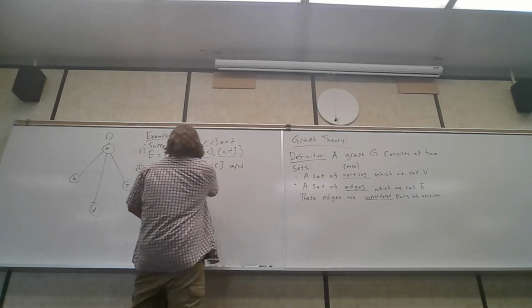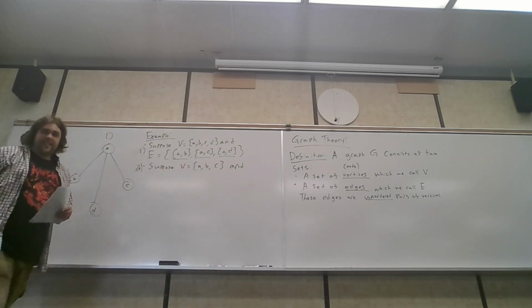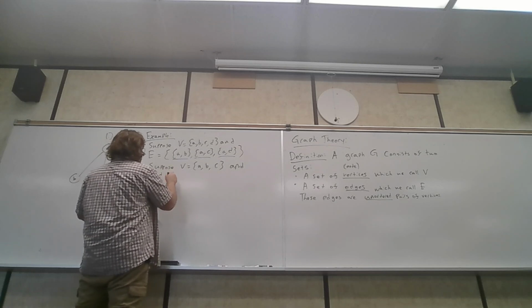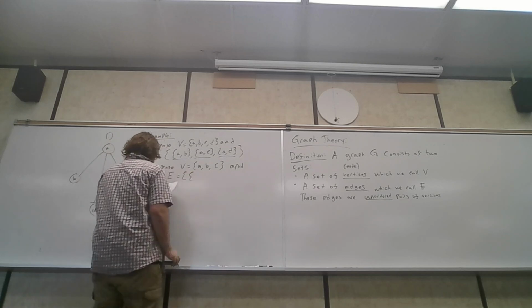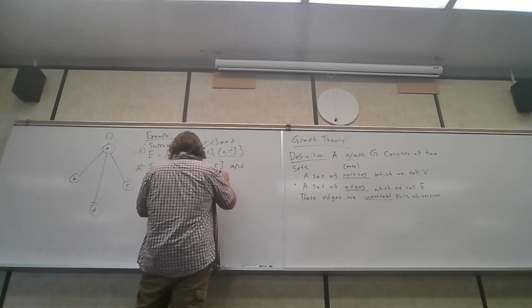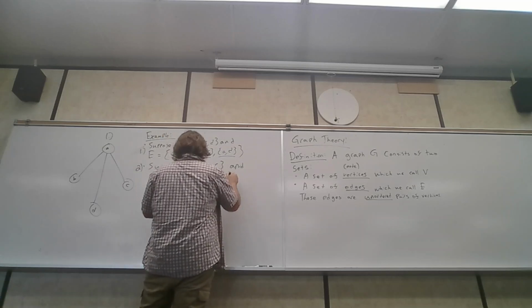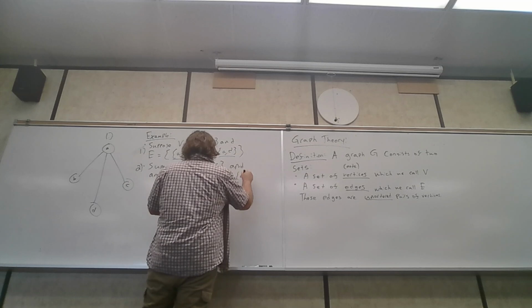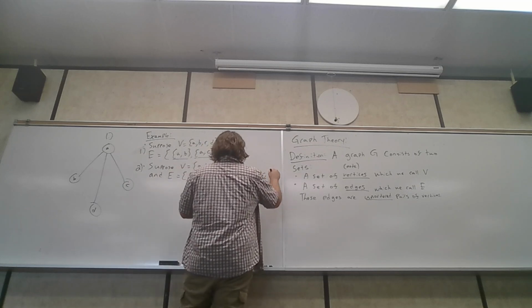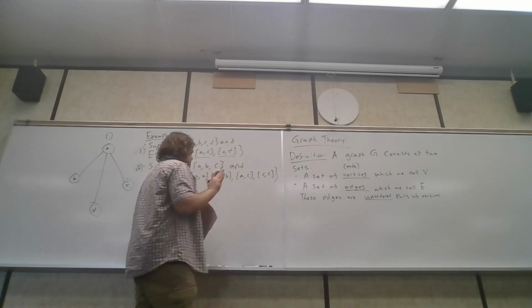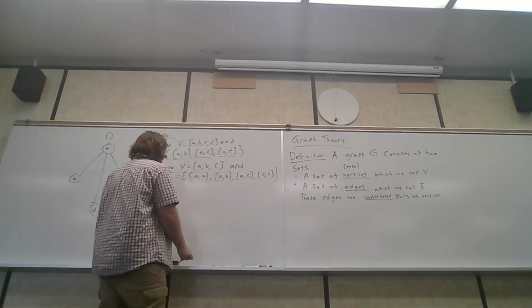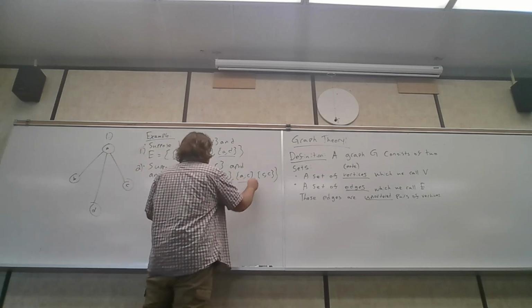So we've got our vertices, now we're just doing A, B, C. And our set of edges is going to be AA, AB, AC, and C, comma C. Now, there's something interesting going on here, because we've said in sets we remove duplicates.